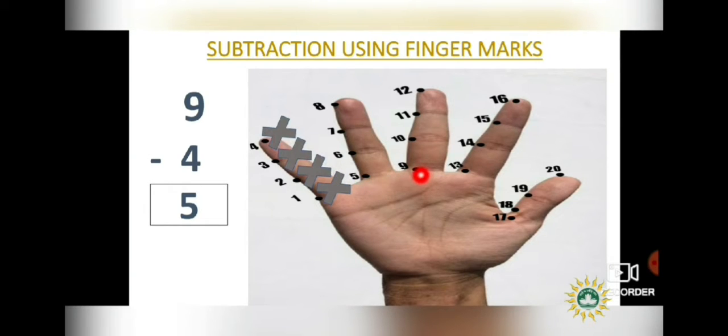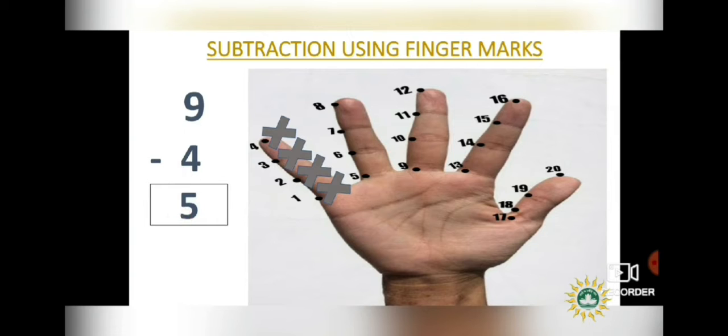Because this is where we have counted 9. This is where 9 ended. So now we will count the remaining finger marks after crossing out the 4 finger marks. So let's count 1, 2, 3, 4, 5. So 5 finger marks are left. So 9 minus 4 is equal to 5.